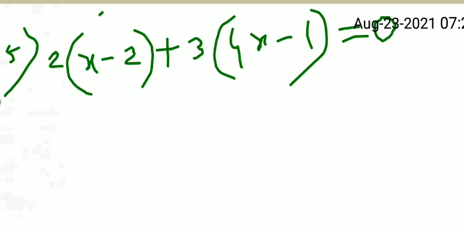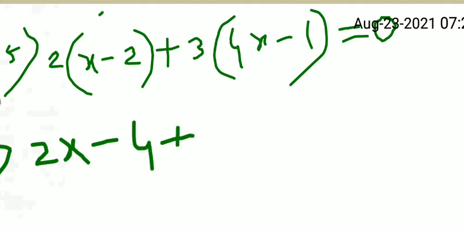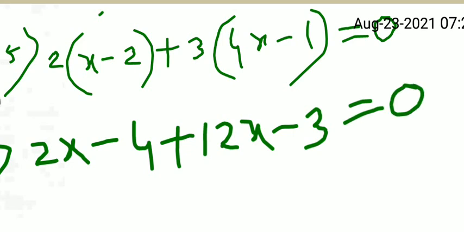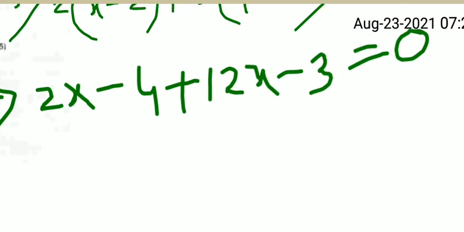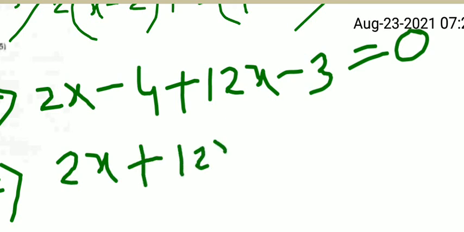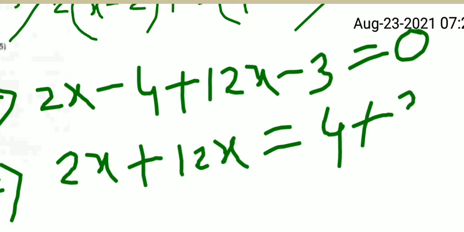So for that case, give implies. Now multiply 2 and x, it will be 2x; 2 and minus 2, it will be minus 4; plus 3 into 4x, that is 12x; plus 3 into minus 1, that is minus 3; equal to 0. Now 2x plus 12x, and minus 4 goes to the right side as plus 4, and minus 3 goes to the right side as plus 3.